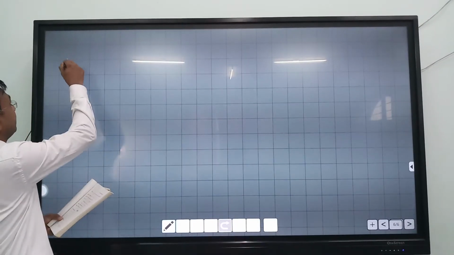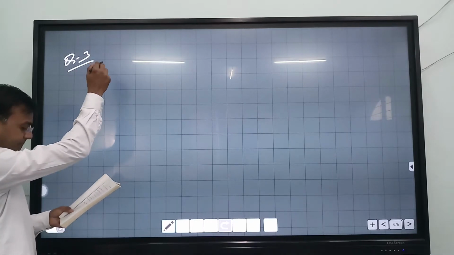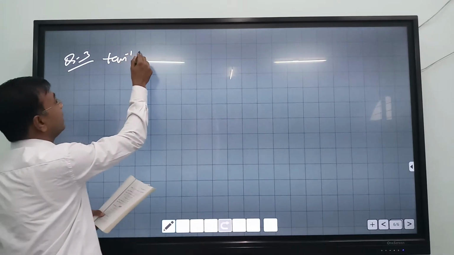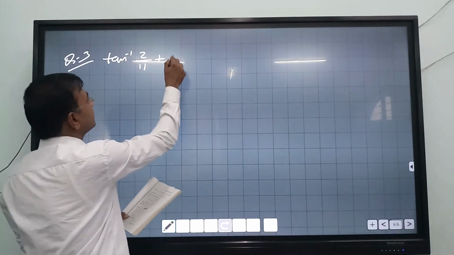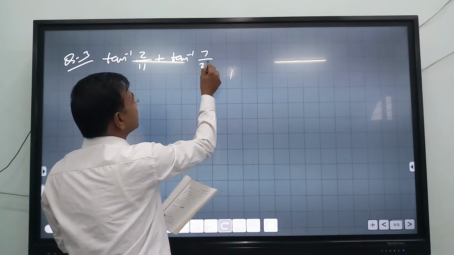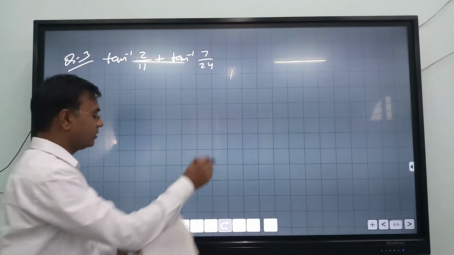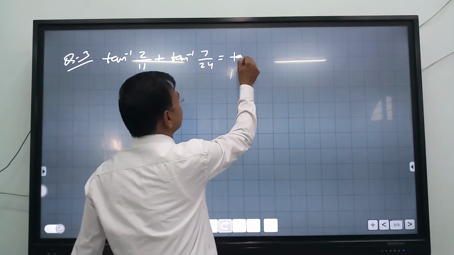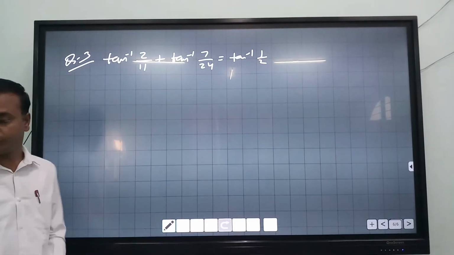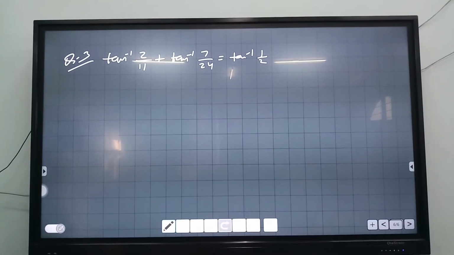Now let's discuss problem number 3. Tan inverse 2 by 11 plus tan inverse 7 upon 24 equals tan inverse 1 upon 2. So all the results are in terms of tan. Okay.